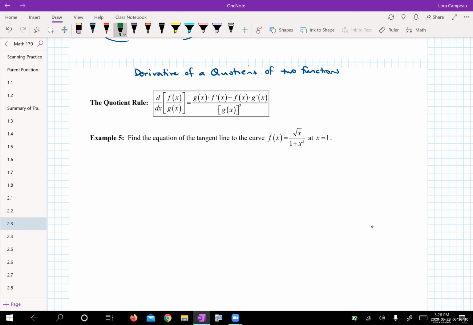So we have the function on top in the numerator, that's f, and the function on the bottom in the denominator, that's g. So if you're looking at the derivative of a quotient, we end up having a formula. It is a little painful at first to memorize, but you end up using it so much, it ends up being second nature, kind of like the quadratic formula.